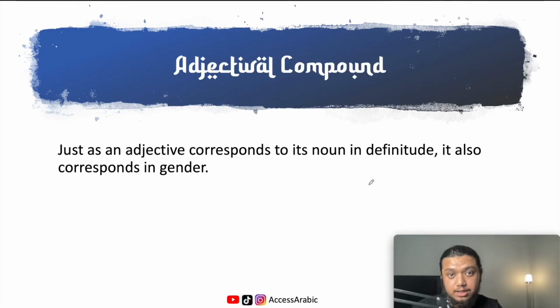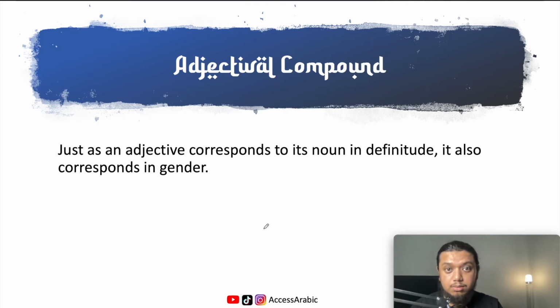If you remember, in the last lesson, we went over the adjectival compound, murakkab tawsifi. If you've missed it, or if you want to recap, by all means, feel free to click the link. But we mentioned that the sifa, the adjective, corresponds to its noun, the mawsoof, in definitude, right?